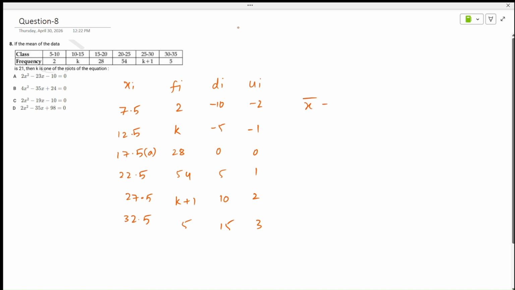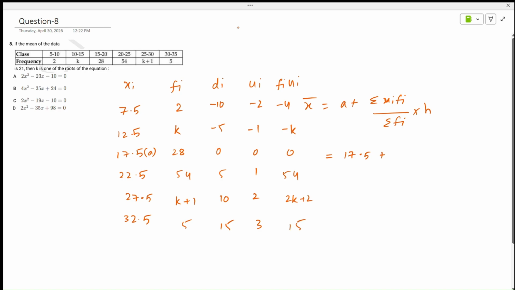Mean is nothing but a plus summation ui fi by summation fi into h. So our a is 17.5 plus summation ui fi. Let us find fi ui, which is equal to minus 4, minus k, 0, 54, 2k plus 2 and 15.